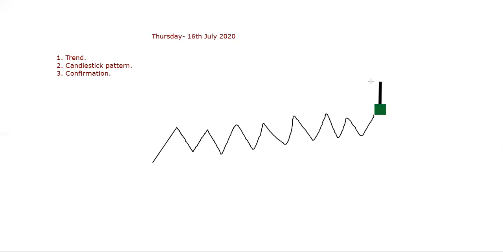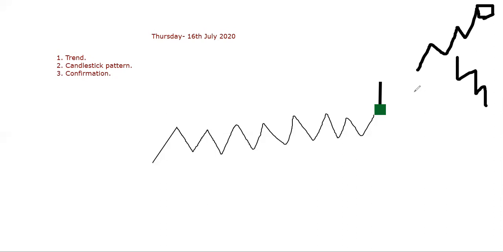This is a shooting star if it is formed at the top of a trend, and this is an inverted hammer if it is formed in a downtrend. When I explained in the YouTube videos, I clearly said that if this candle is formed at the top, we say it is a shooting star candle, and if it is formed at the bottom, we say it is an inverted hammer.